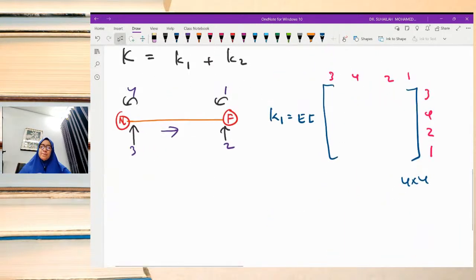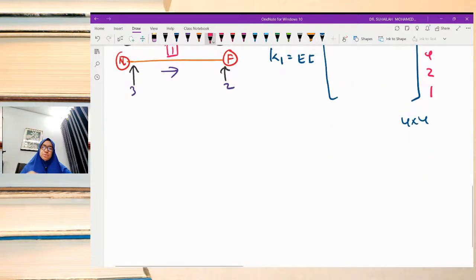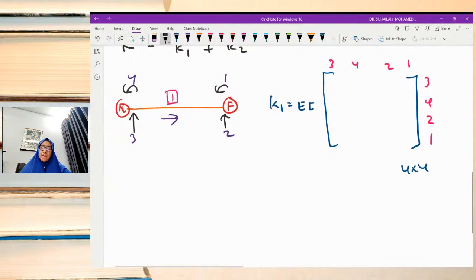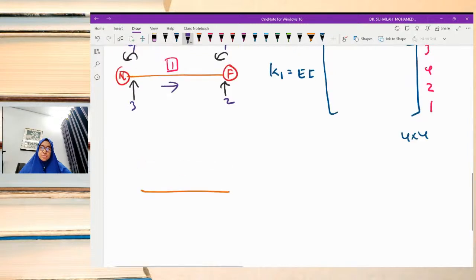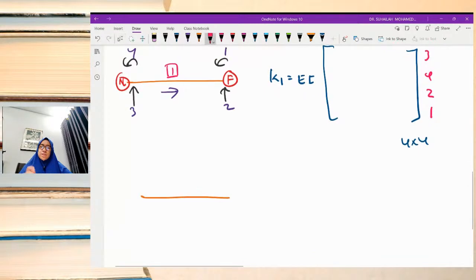When we move to element number 2, it consists of near end node and far end node. The arrow is moving towards right direction.